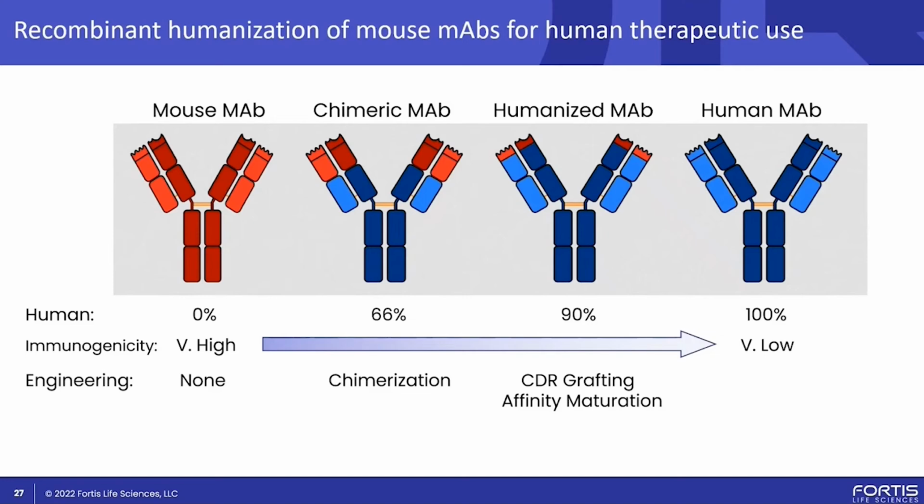And that's done again using recombinant DNA technology, basically swapping out parts of that mouse antibody for human, starting with the constant regions, and then even within the variable regions, swapping out some of the residues from mouse to human through a process called CDR grafting to arrive at a humanized antibody, which is 90% human and far, far less immunogenic than a full-length mouse antibody. That's only possible through the use of recombinant monoclonal antibody technology, even with a mouse hybridoma input at the front end.